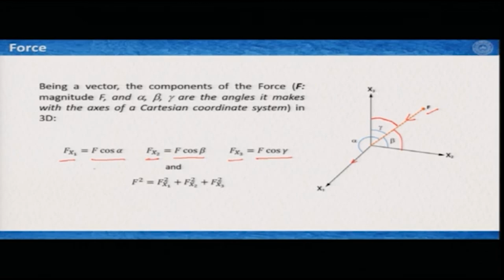These are related to each other by this equation, which means the square of this force vector is the sum of the squares of Fx1, Fx2 and Fx3. This relationship holds good, you know it from your high school level.